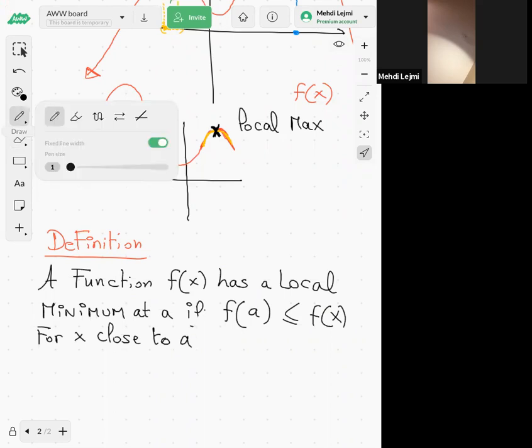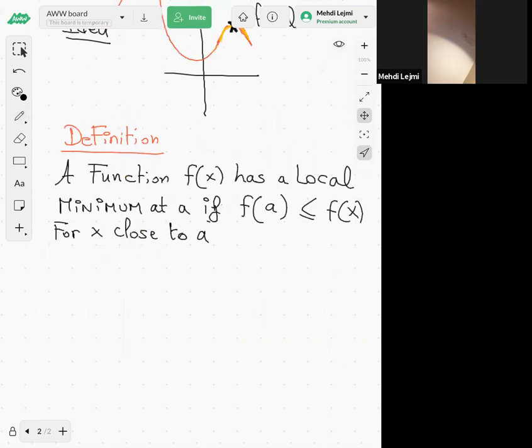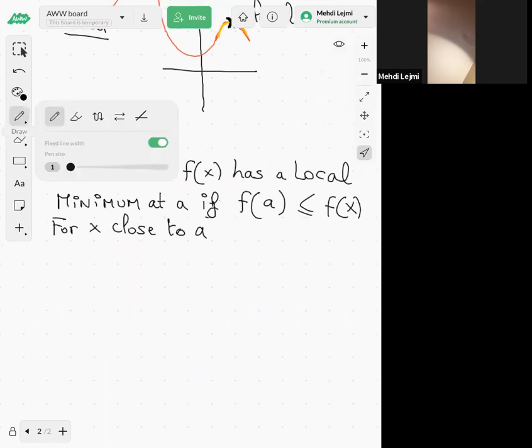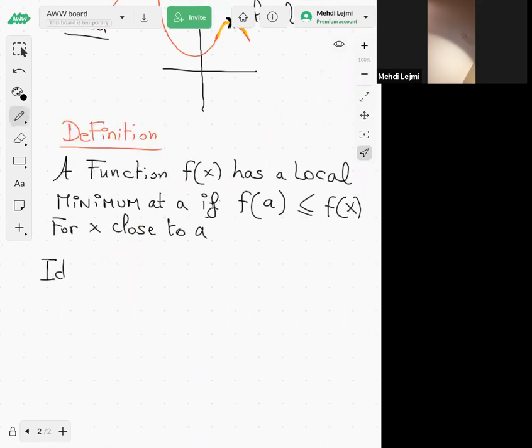So the idea is the following. Let's say you have this graph here, and somewhere you have a parabola which opens up.